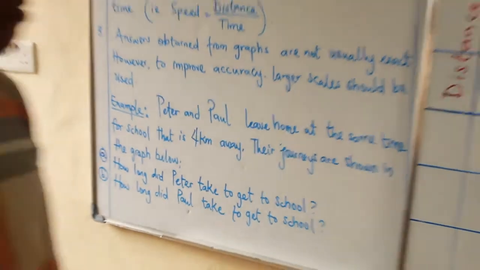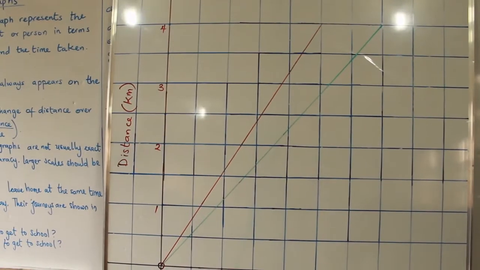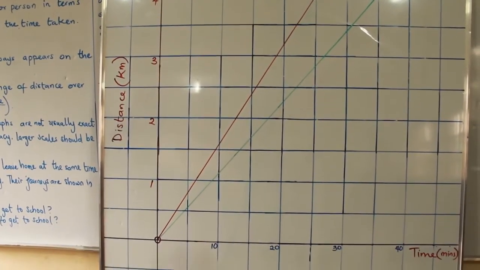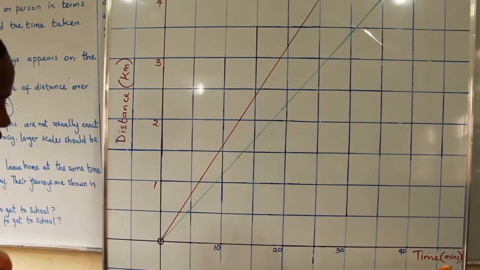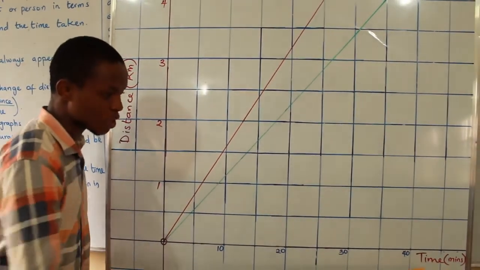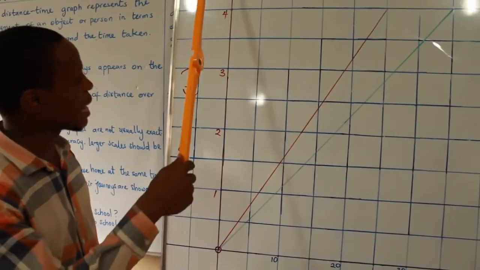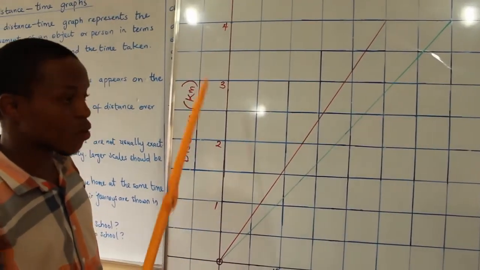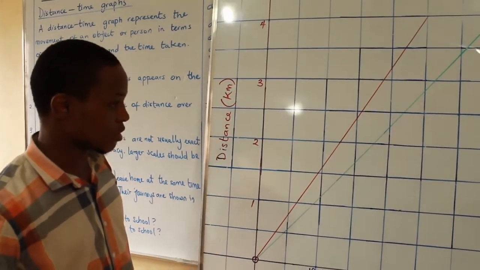Now, our graph is on our graph space, and you can see that, from what we noted earlier, time is always on the horizontal axis. And depending on the kind of travel graph, we'll know what to put on the vertical axis.